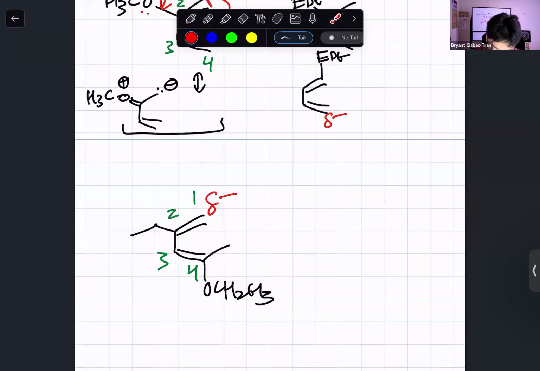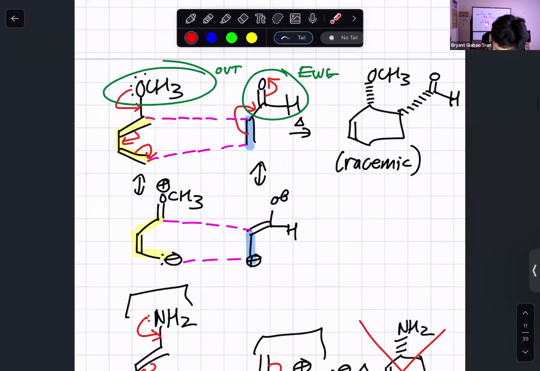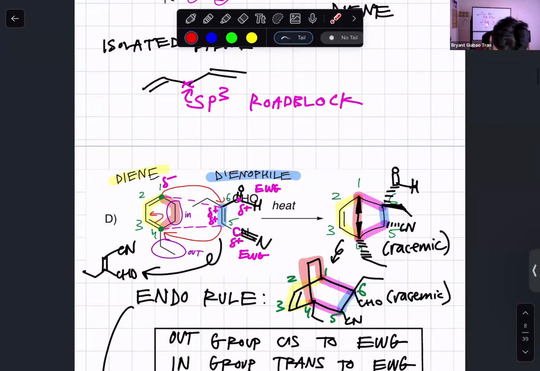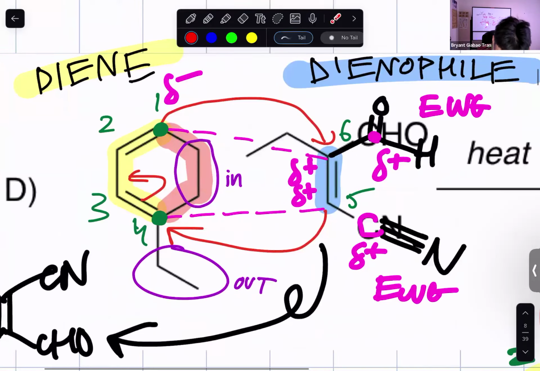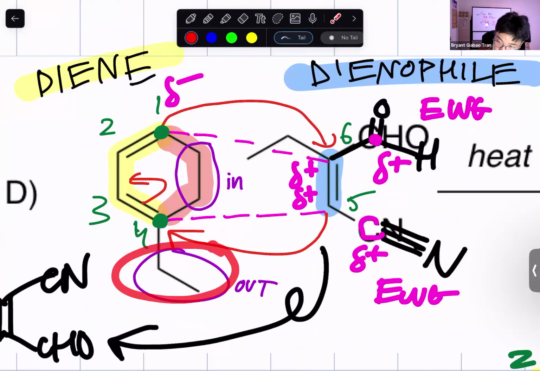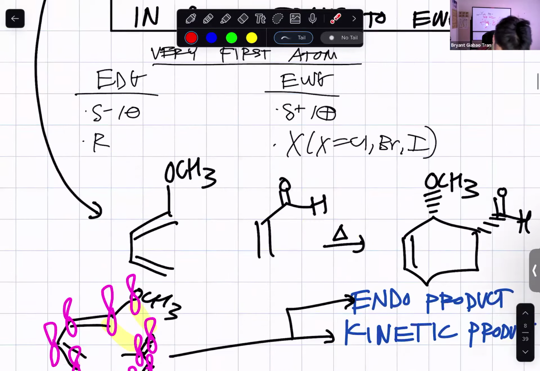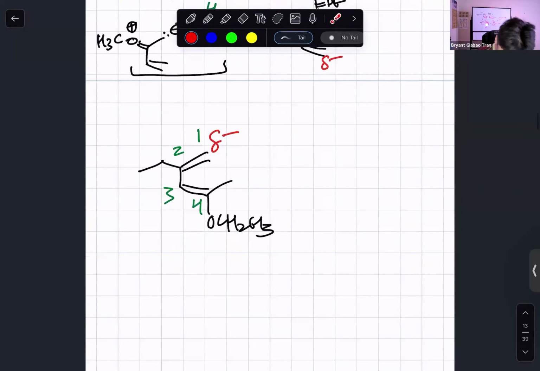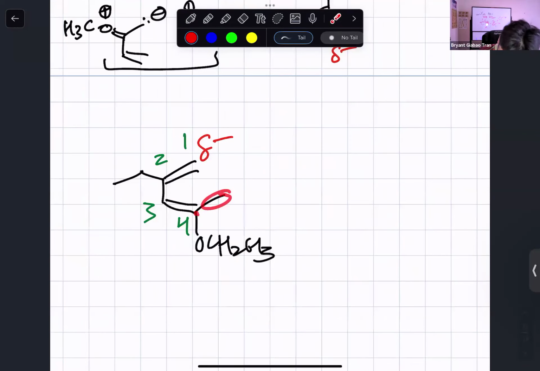Now let's go back to the practice exam, Diels-Alder, where we see that this R group, like we said earlier, is an EDG. Yeah, 1 applies for both R groups, because the R group at the other end here is still at the end of the product.